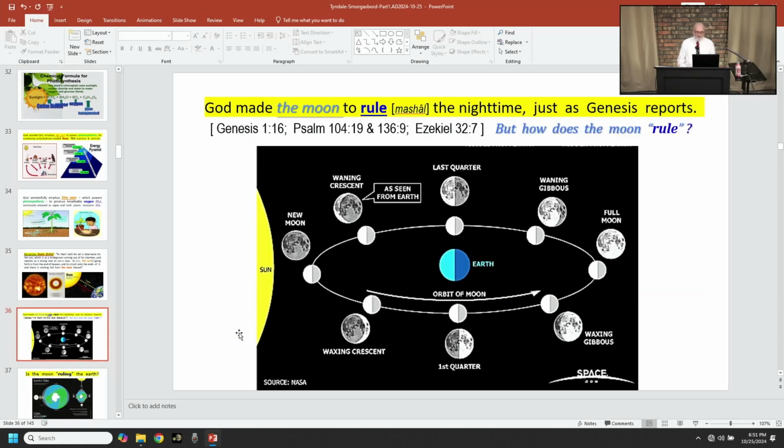But what about the moon? How does the moon rule? Well, as it turns out, the moon's orbit around the earth and the way that it is all mathematically designed to operate results in the moon controlling a lot of what happens on the earth because of its gravitational pull.